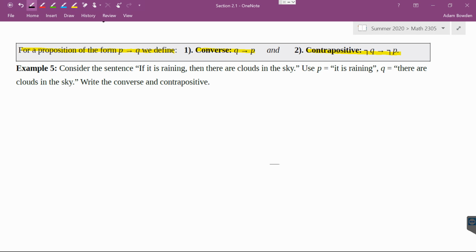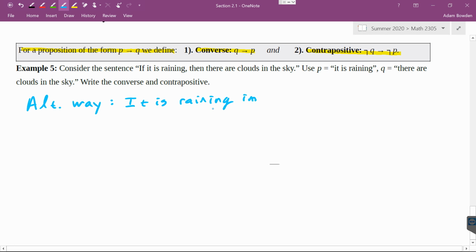So let's consider this sentence. If it is raining, then there are clouds in the sky. We're going to let P be it is raining, Q, there are clouds in the sky, and write the converse and the contrapositive. So an alternative way of reading this statement, since it's an if-then, is to say that it is raining implies there are clouds in the sky.